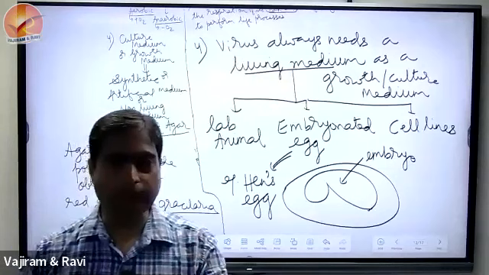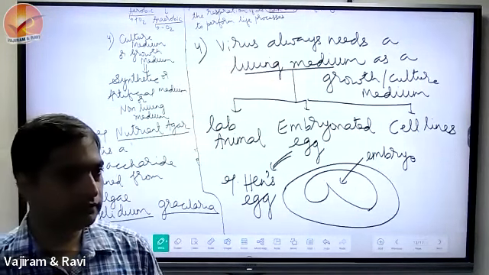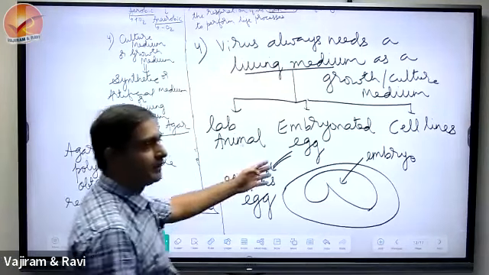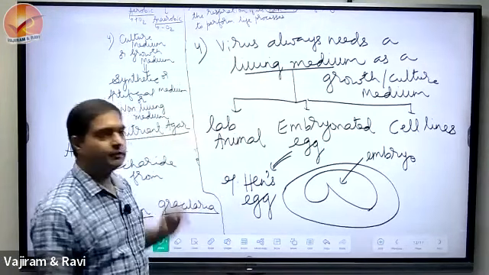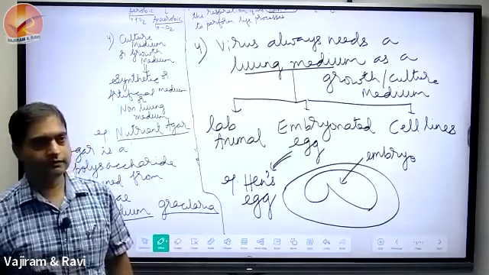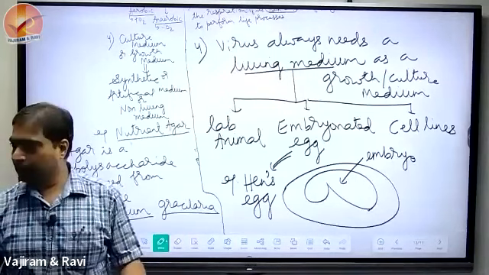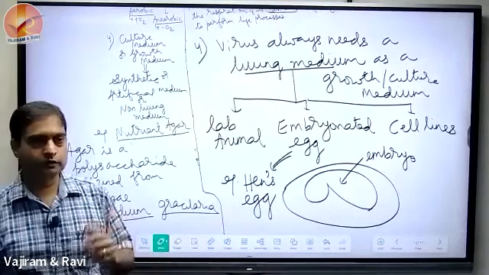And that living medium used in the lab to study the virus, it could be any one of them, as you can see here. The first one is lab animal. The most common lab animal is what? White mice, albino mice, isn't it? It could be other lab animals also, like guinea pig, rabbits also, monkey also.